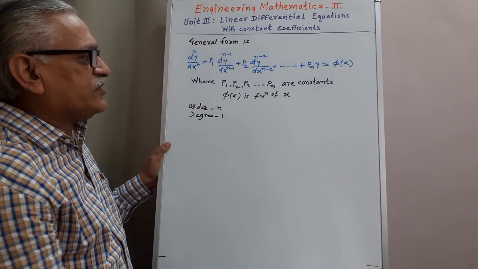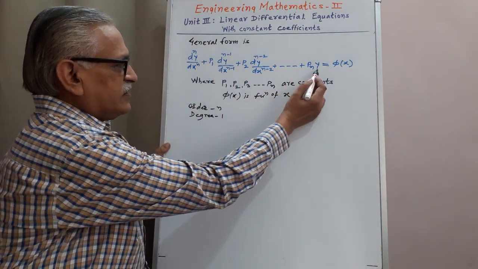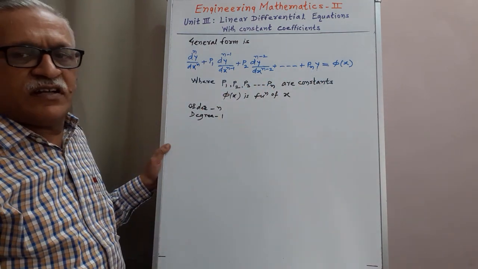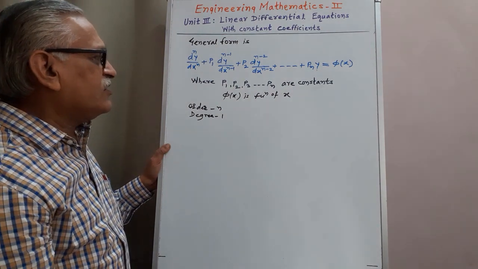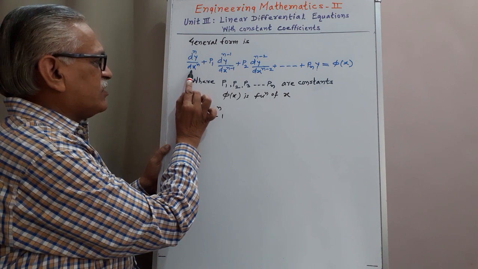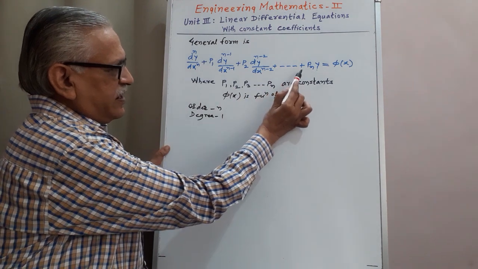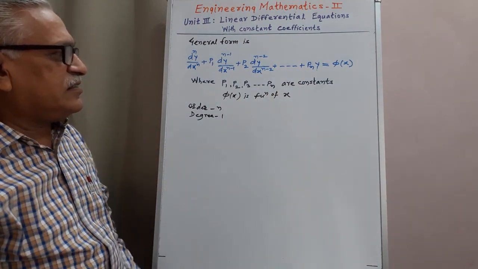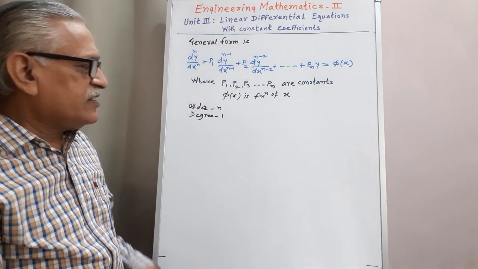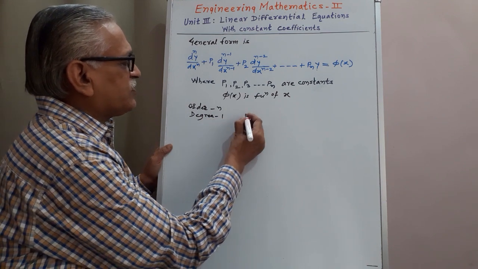If you apply the definition of a linear differential equation, here the dependent variable is y, its degree is 1, and the degree of every differential coefficient of y with respect to x is also 1. The degree of this term is 1, this term is 1, this term is 1, and the last but one term is also of degree 1, and therefore it is an nth order first degree linear differential equation.